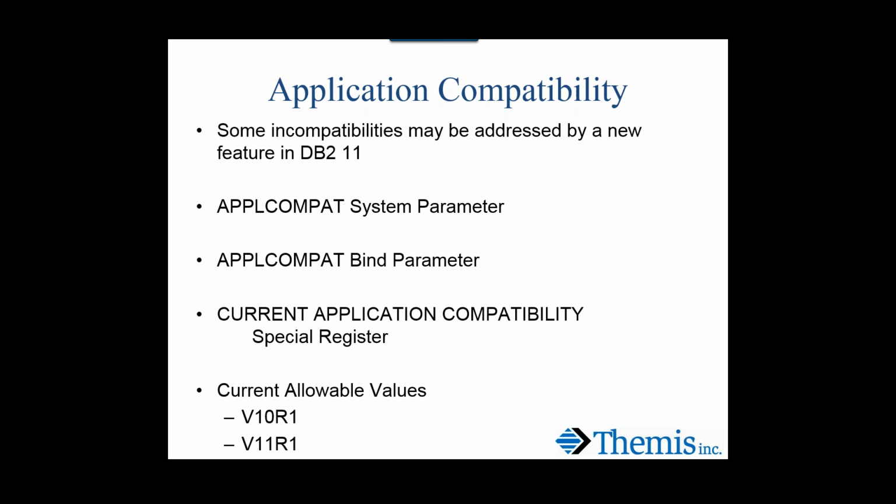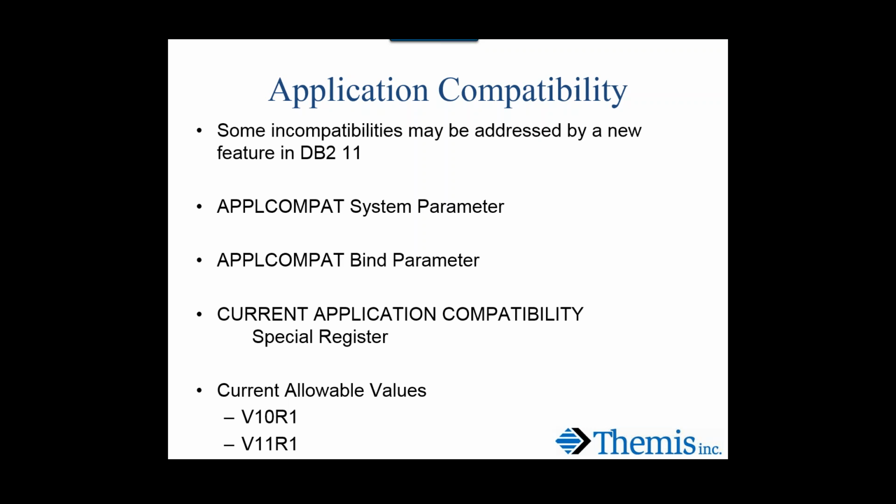Now for dynamic SQL, you also have this special register called current application compatibility, which controls the behavior in a dynamic SQL world. That's going to default to whatever the package that this dynamic SQL is running under is bound with. There are two current allowable values, v10r1 and v11r1. When you migrate forward from version 10, all of your packages are going to come forward with v10r1 as their value for this parameter.